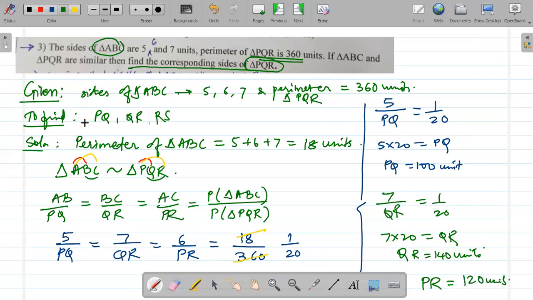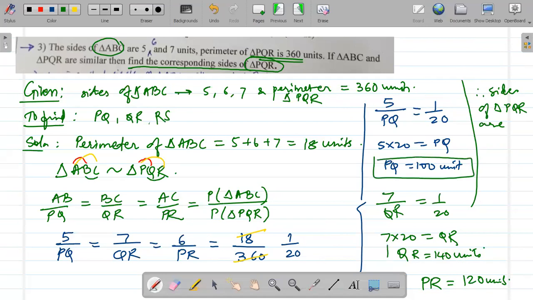That completes the solution. And of course you can always do the conclusion at the end, like therefore the sides of the triangle PQR are 100, 140 and 120 units.